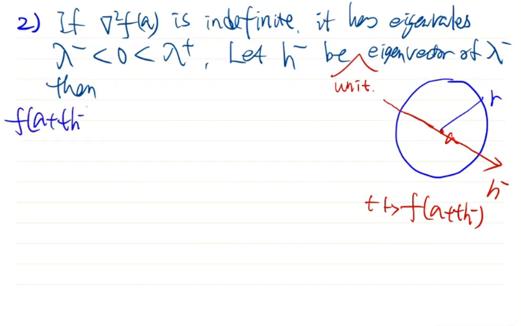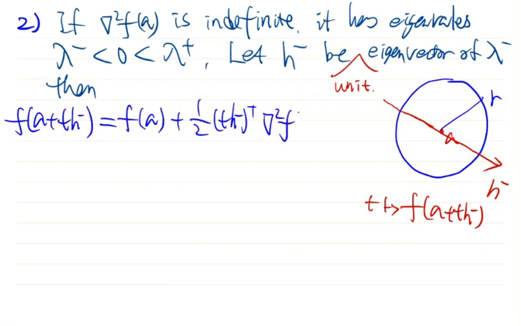For such an f(a + t h minus), this is f(a) plus the gradient term, which vanishes because A is a critical point. So this is half of t h minus transpose Hessian t h minus, plus eta(t h minus).